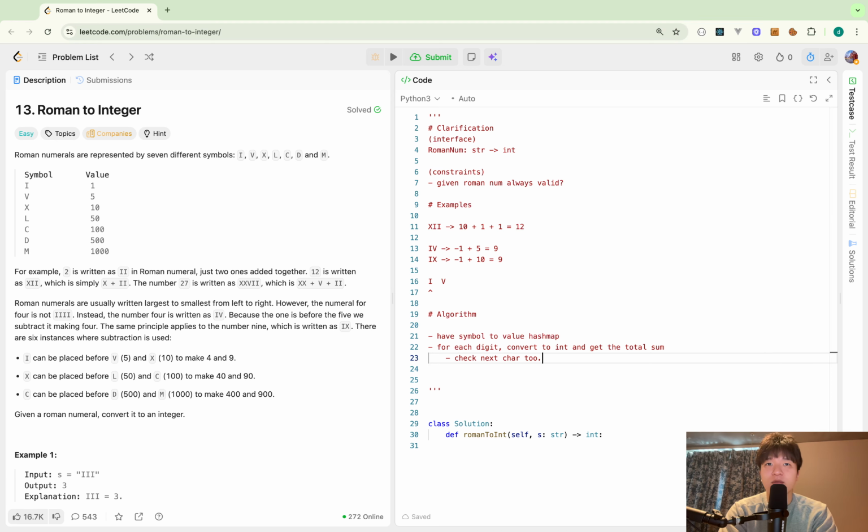This is the algorithm I will implement. Maybe I'm writing something so obvious, I just wanted to sort out the process.